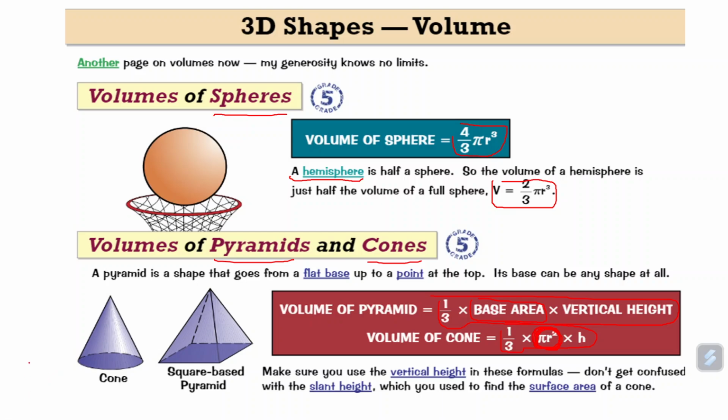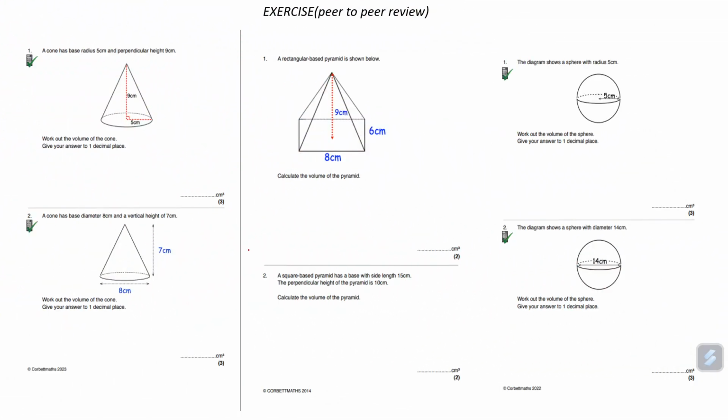So let's move to the next slide to check what we have as class activity. Let's look at this. We'll try question number 1, then this, question number 2.